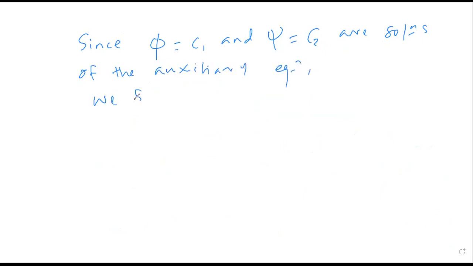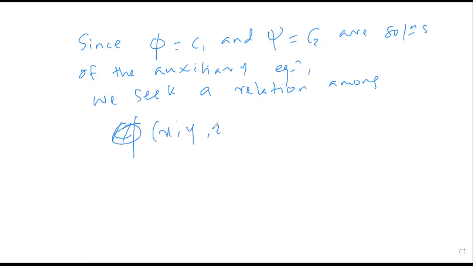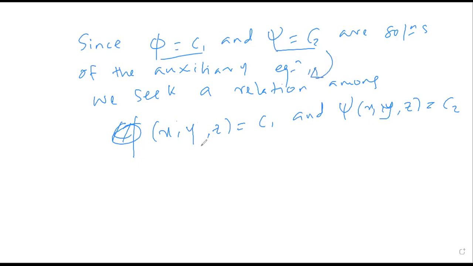Then we seek a relation among them, that is, pi(x, y, z) equal to C1 and chi(x, y, z) equal to C2. These two are the solutions of the auxiliary equation, so we are finding the relations.